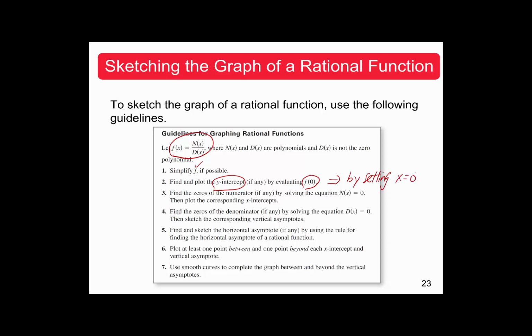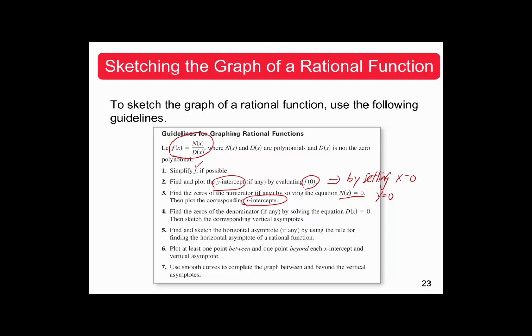The third step, find the zero of the numerator by solving the equation n of x equal to 0, and that's how you find the x-intercept. The x-intercept is setting y equal to 0.